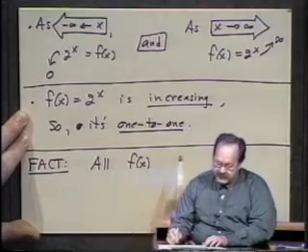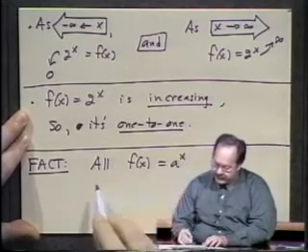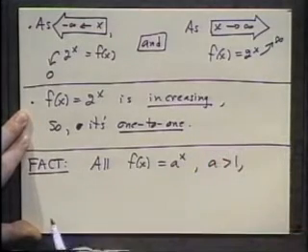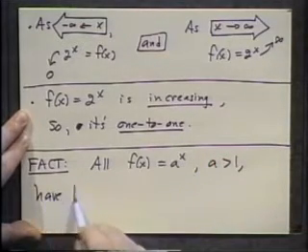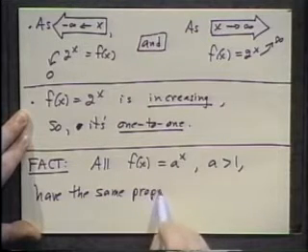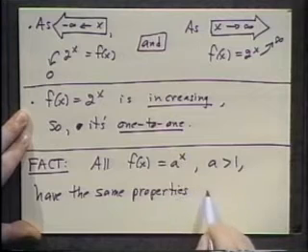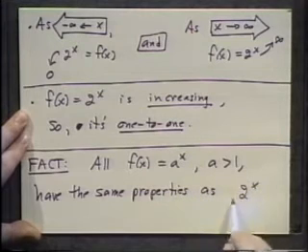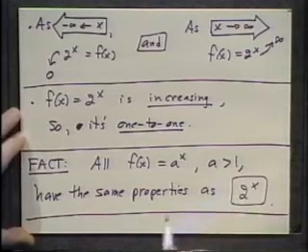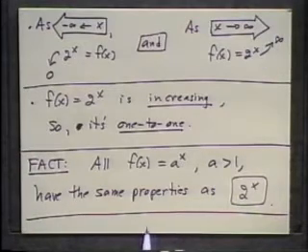This makes graphing these very nice, especially when you're doing these by hand. All f of x equals a to the x for a greater than 1 have the same properties, thankfully, as 2 to the x, or any other representative function where the base is greater than 1. But 2 to the x is simple.